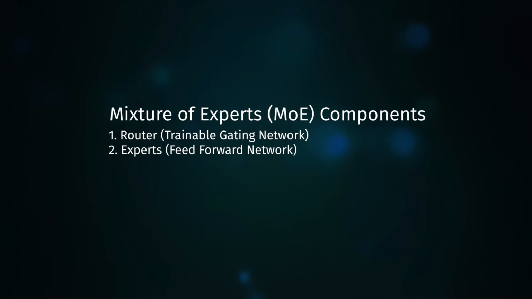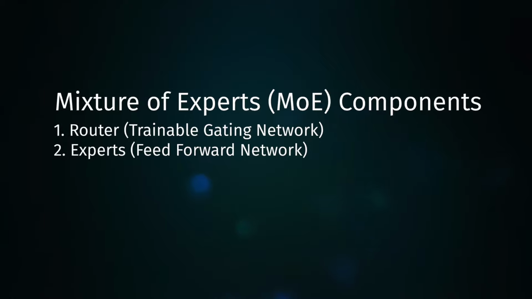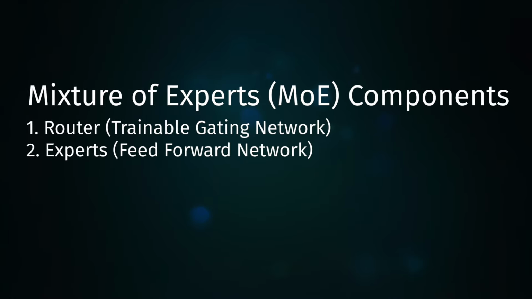Now we are going to go deeper into the architecture of two main components of mixture of experts. The MoE consists of a number of experts. Each expert is a simple feed-forward neural network, plus a trainable gating network which selects a sparse combination of experts to process each input.